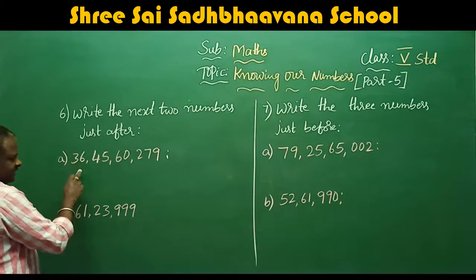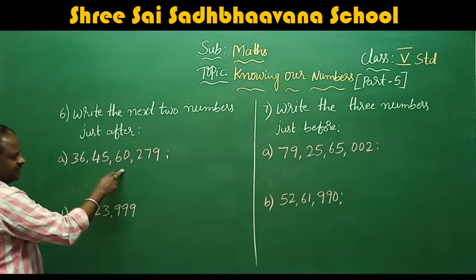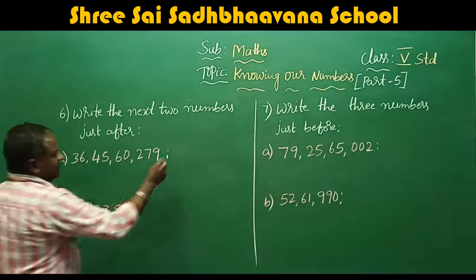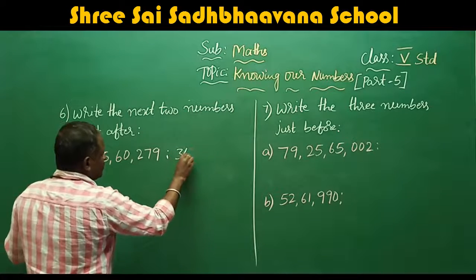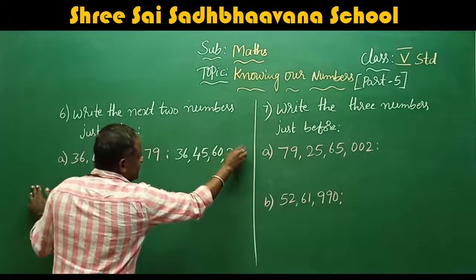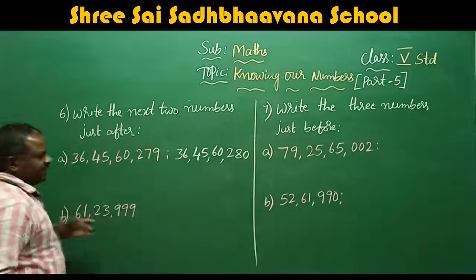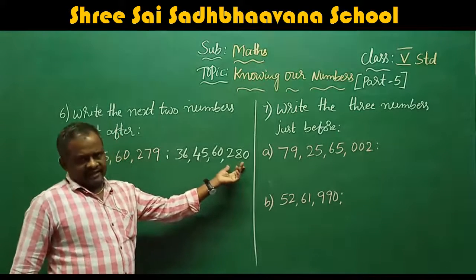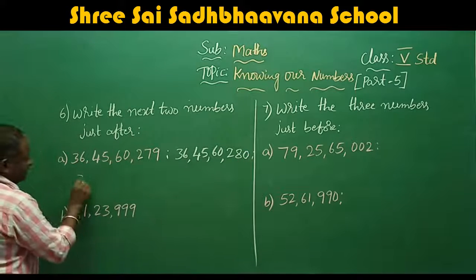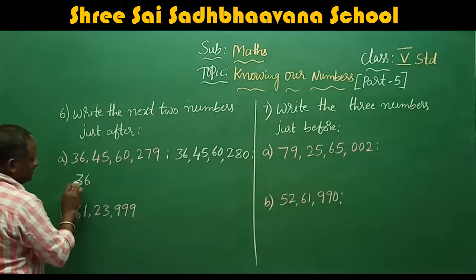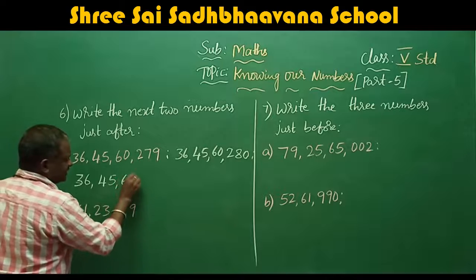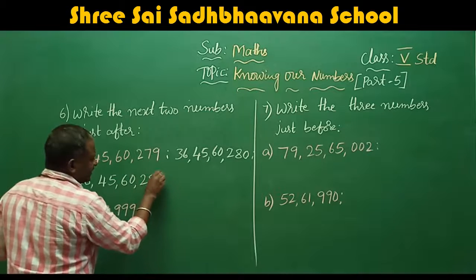Here they have given 36 crores 45 lakhs 60,279. The next two numbers are 36 crores 45 lakhs 60,280, the next number, and then the next successor, 36 crores 45 lakhs 60,281.